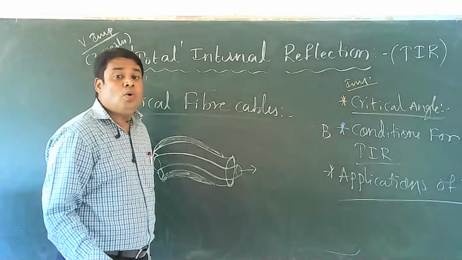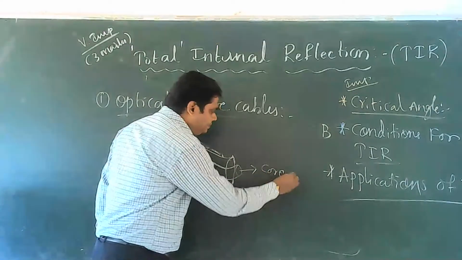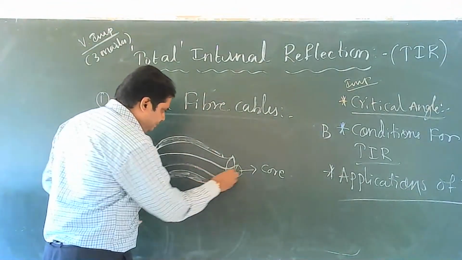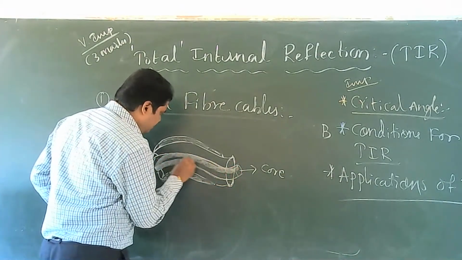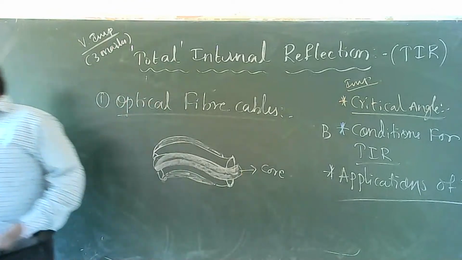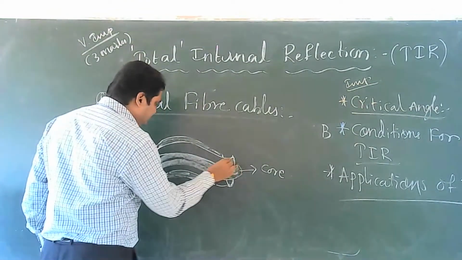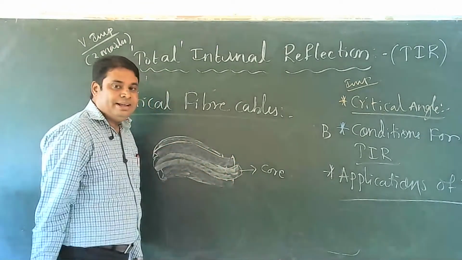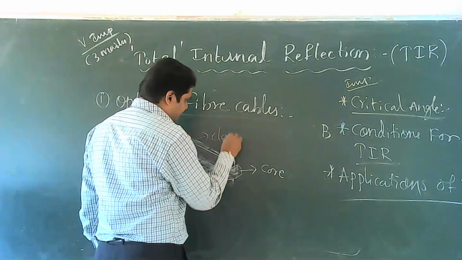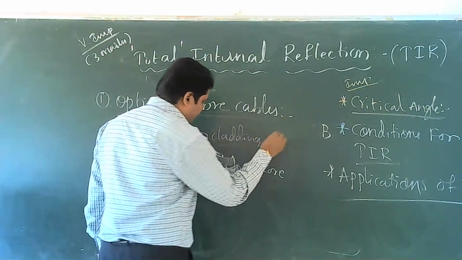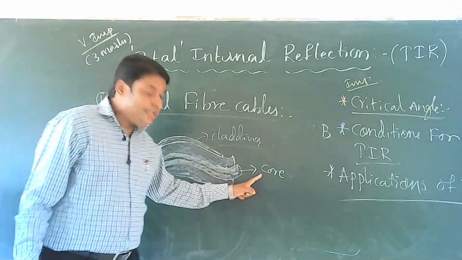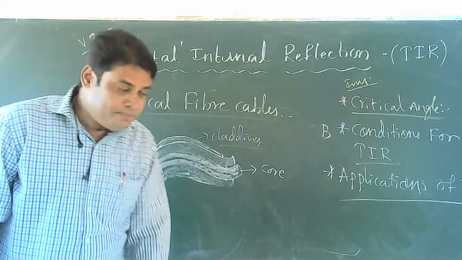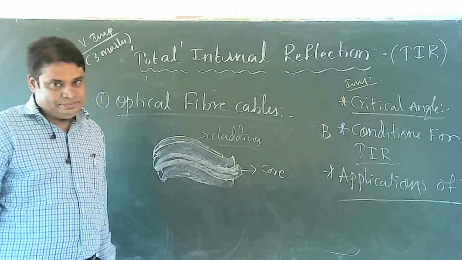The innermost layer is called the core. The outer layer is called the cladding. The refractive index of this core is more than this cladding.